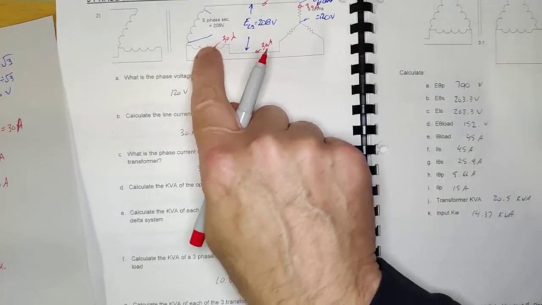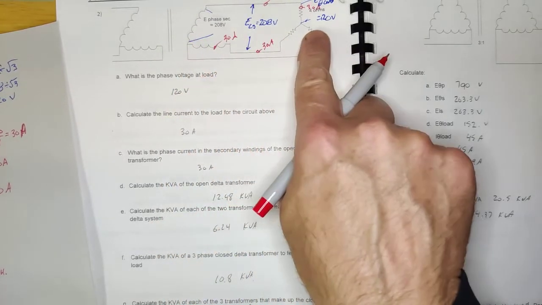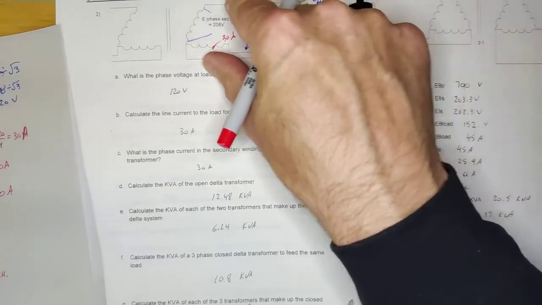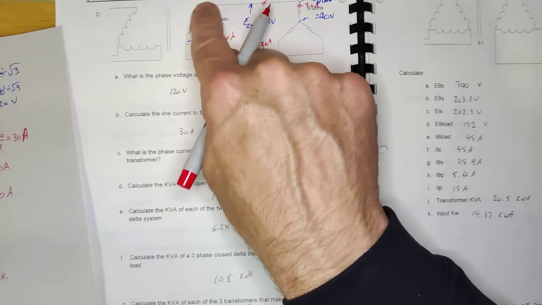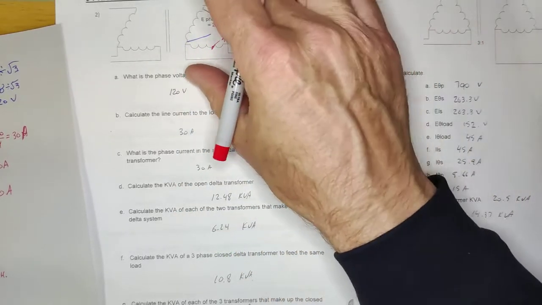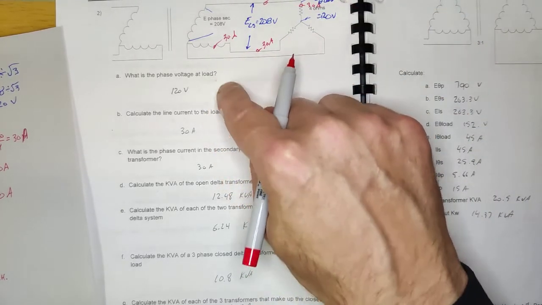Basically what I did was I didn't worry about what was asked here. I figured out the voltage all the way to the load. I calculated the current at the load. I figured all my currents back based on all the rules for three-phase and also the rules for open delta. And then after I had all that figured out, I came down here and started answering the questions.